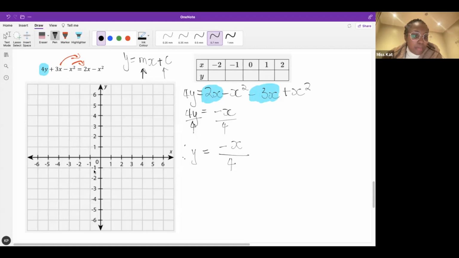Yes, Ntako. Hi, ma'am. So I got confused at, okay, so you said 4y equals minus x. What happened? And then you said 2x and 3x are like terms. What happened to the x to the exponent of 2, those two x squareds? What did we do to those ones?